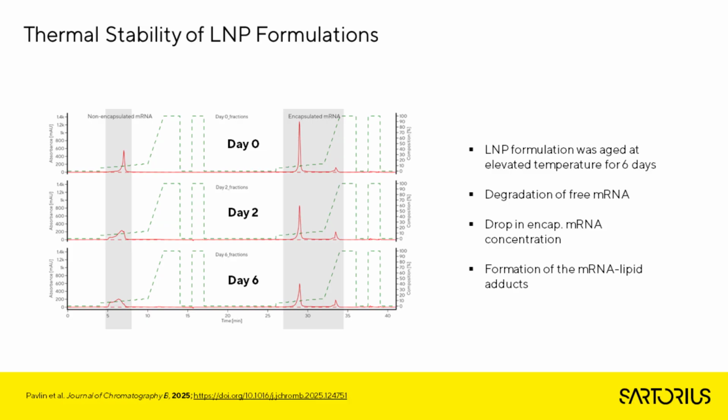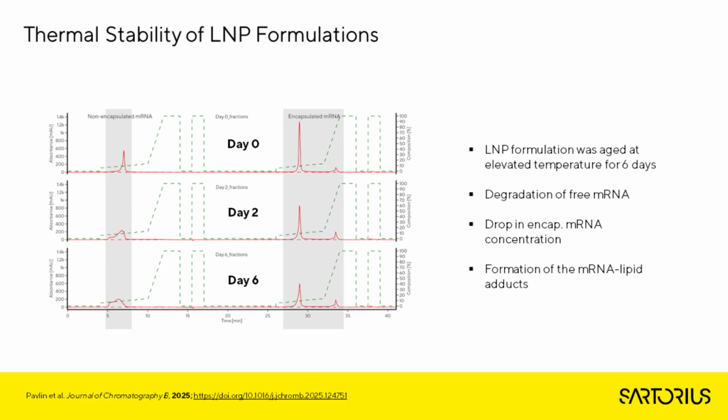After 2 days at elevated temperature, all of the free mRNA was degraded. You can see here a fronting of this peak of non-encapsulated mRNA. The amount of encapsulated mRNA really drops. So this is an indication that some particles were opened because of the higher temperature, and also the amount of adducts is increased. And everything is even more evident at day 6.